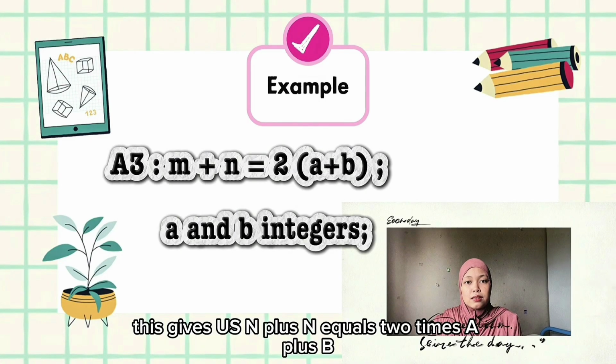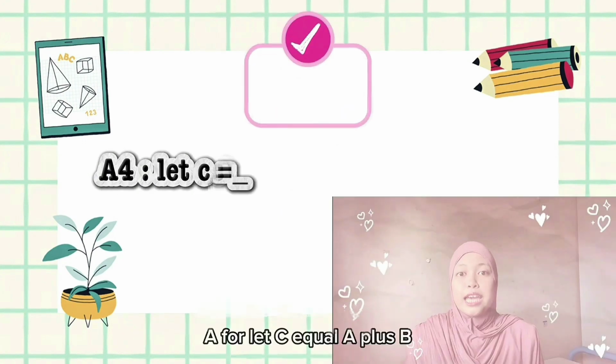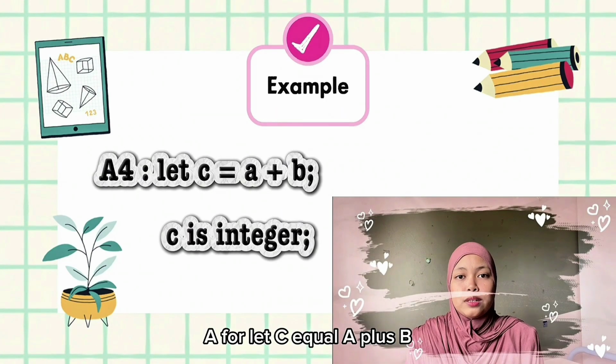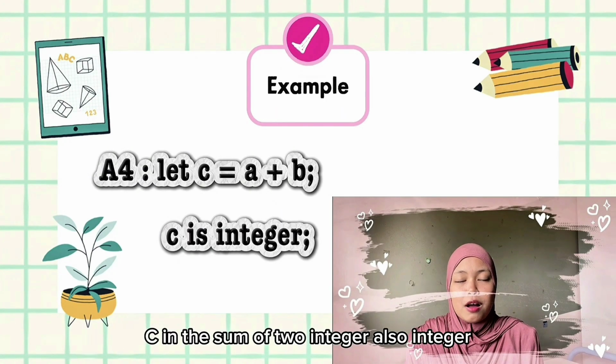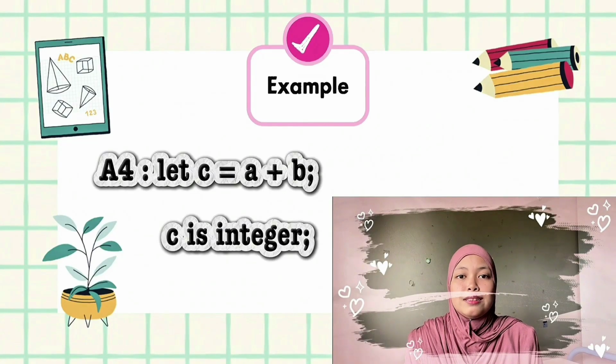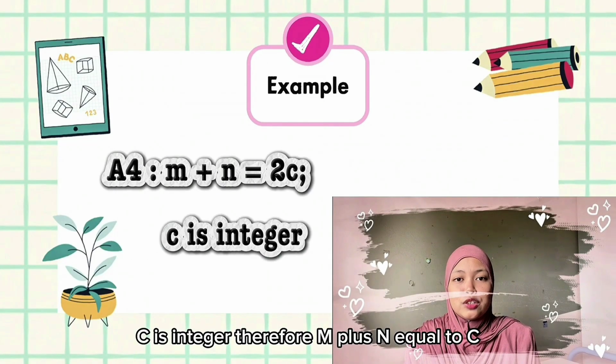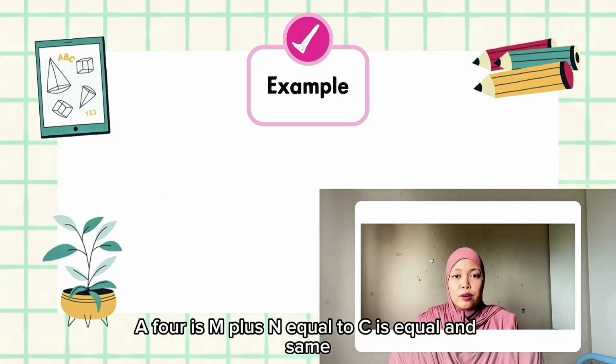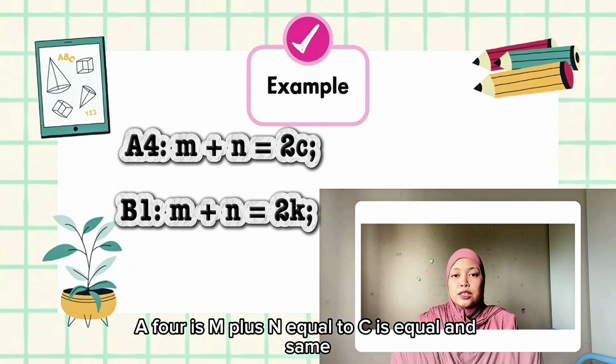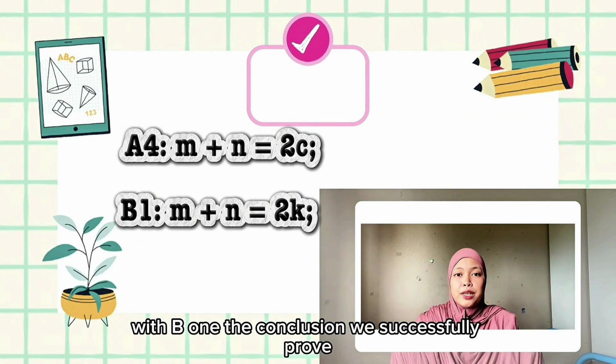This gives us m plus n equal to 2 times a plus b. A4, let c equal a plus b. Since the sum of two integers is also an integer, c is an integer. Therefore, m plus n equal to 2c. A4, m plus n equal to 2c, is the same as B1.